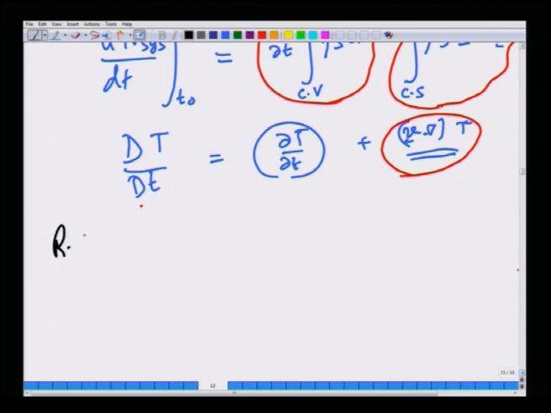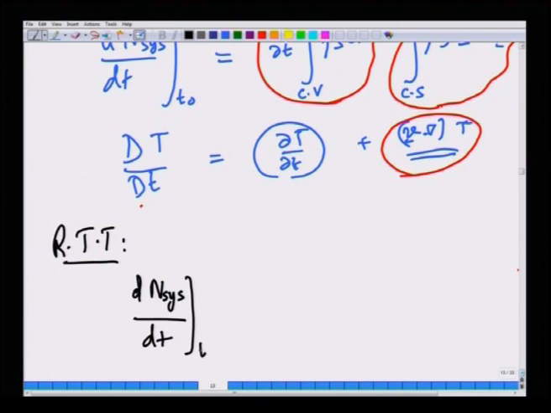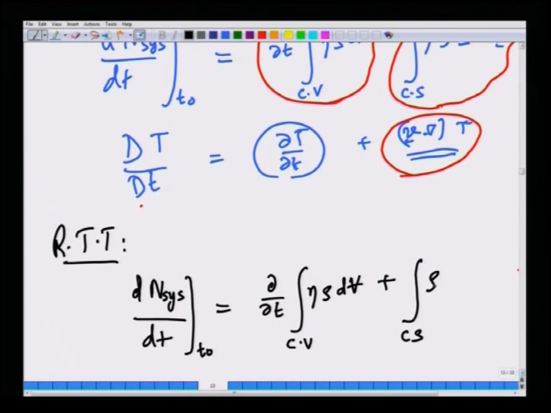The Reynolds transport theorem, sometimes shortened as RTT, says that the rate of change of any quantity such as mass, momentum or energy present in the system at a time t0, assuming the system and CV coincide at t0, is comprised of two parts: the inherent rate of change of such quantities within the CV, plus a surface contribution, integral of eta rho v dot dA.